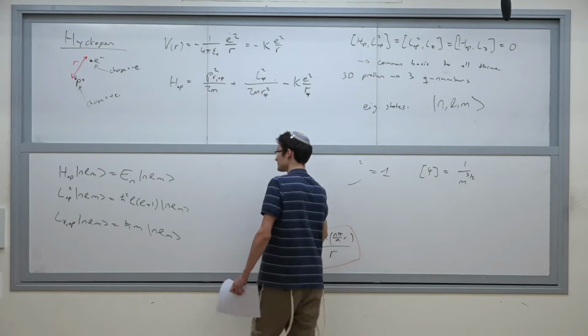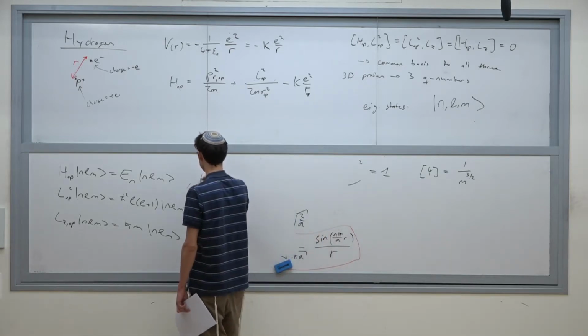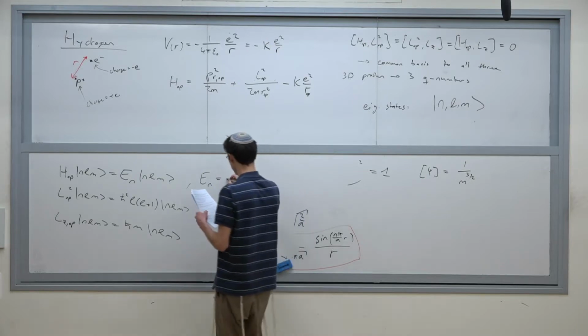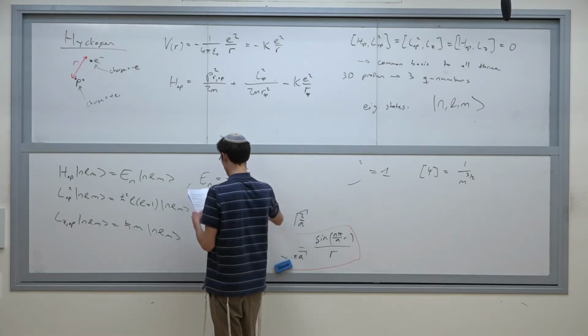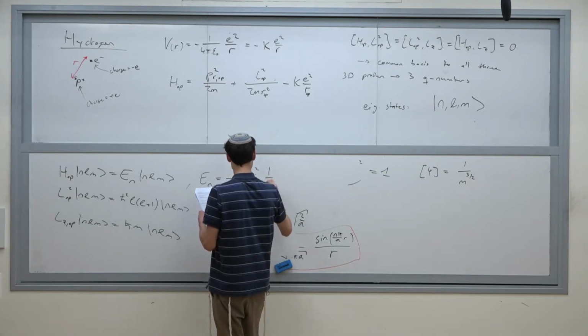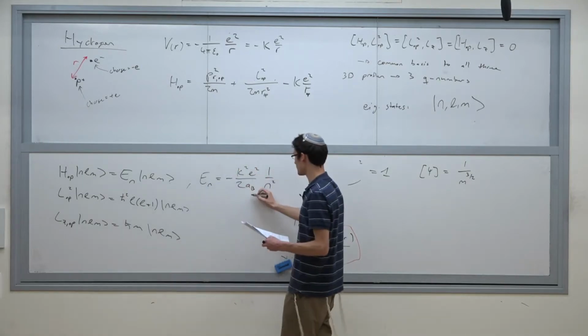Now something which is not as trivial, but can be found, and you do this in the lecture, is that this E_n is equal to minus k squared e squared over 2 a_B, over n squared. a_B is the Bohr radius.